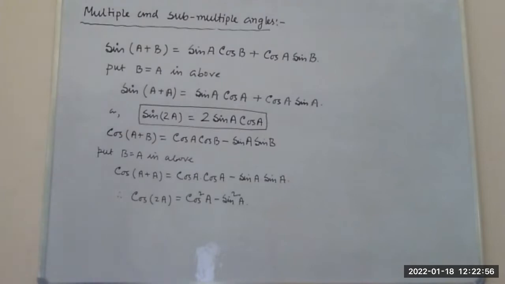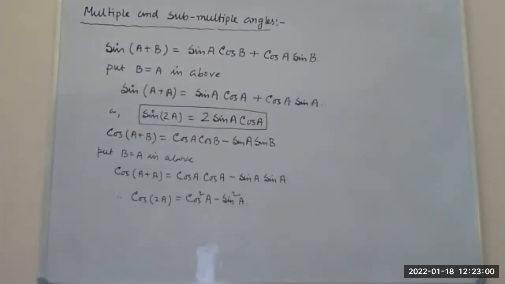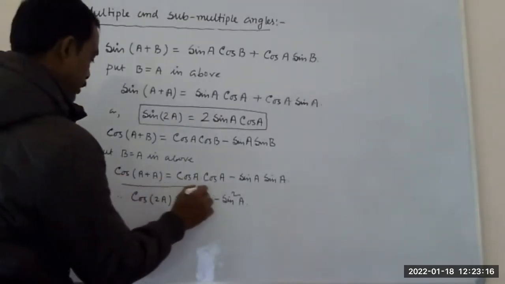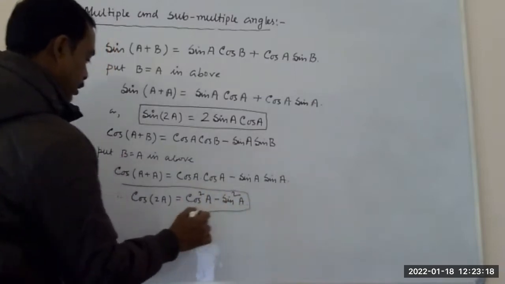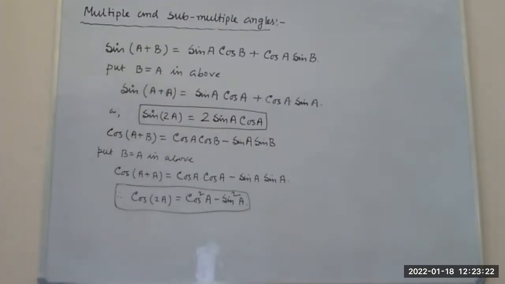So this is the formula for cos 2a. Okay. So these are called the multiple angle. It is a multiple of a. 2 is the multiplier. So this is the formula for cos 2a.